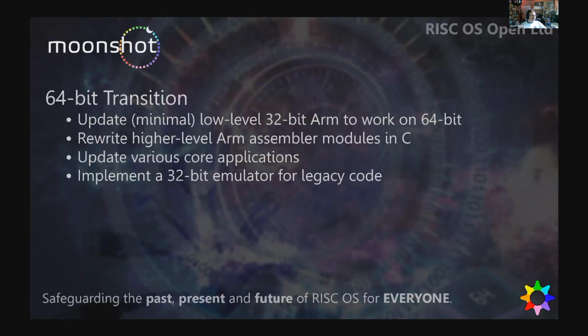So just very briefly, this work is all about 64-bit. That basically means the ARM chips that we all know and love in the historical RISC OS computers are all typically 32-bit, some of them even 26-bit in the olden days. But now ARM is increasingly building chips that don't even have 32-bit mode in them.